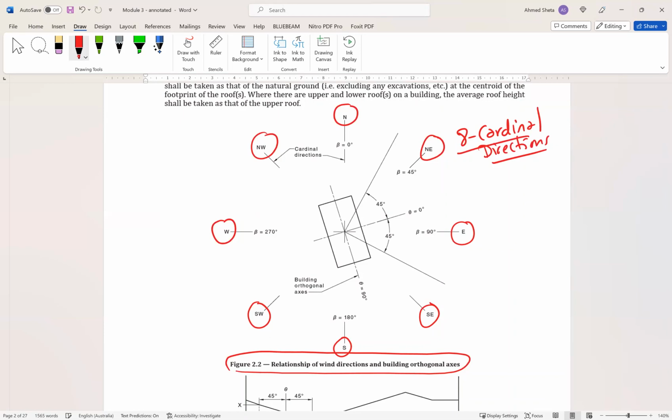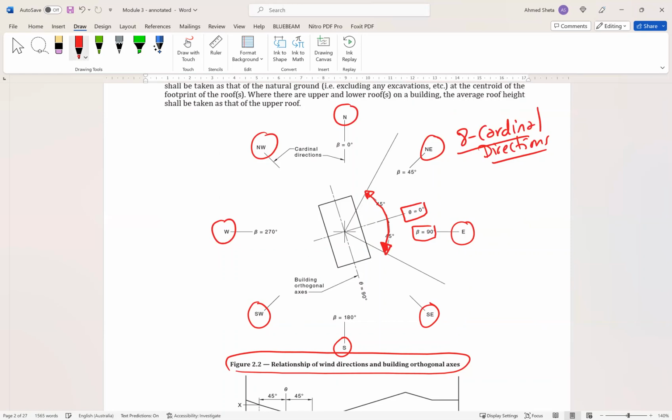If you are designing a building in real life, you have to consider the 8 wind speeds and then select the design wind speed based on the maximum direction. And you can see here, beta is 90 degrees, here theta is 0. So this is the range we are talking about.